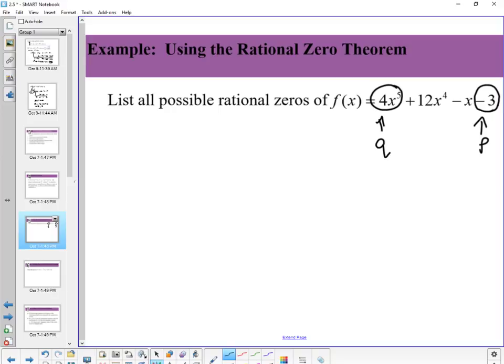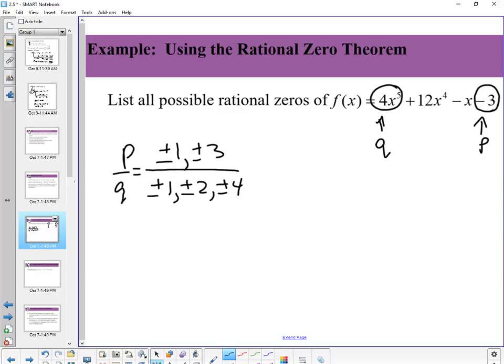So here's what I'm saying to you. We're looking at all the P's over Q's. What are all the factors of 3? 1 and 3, right? We're going to choose positive, negative 1, positive, negative 3. What are all the factors of 4? 1, 2, 4. So plus or minus 1, plus or minus 2, plus or minus 4.